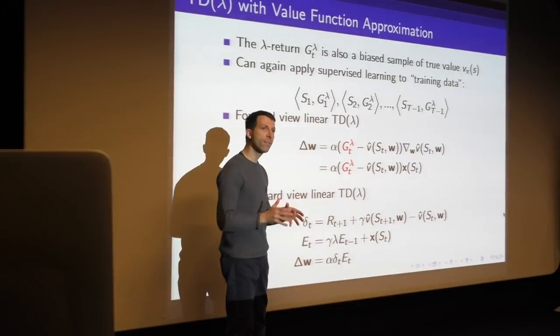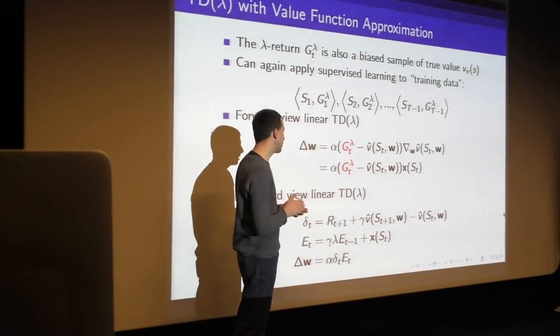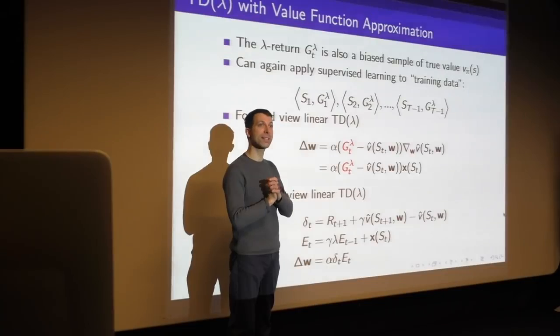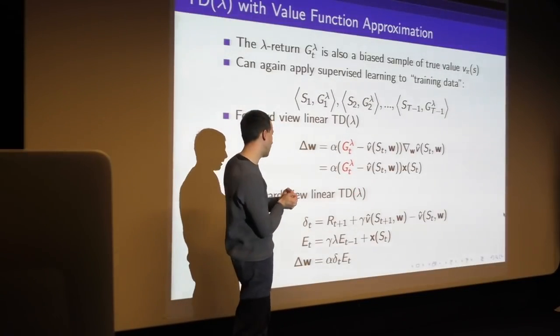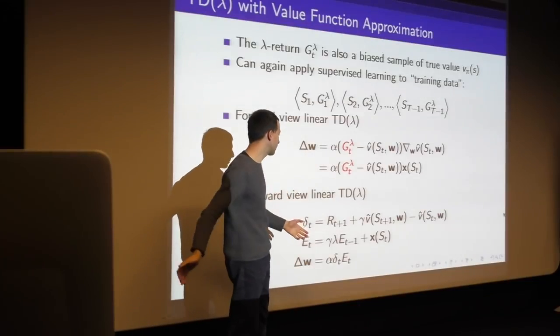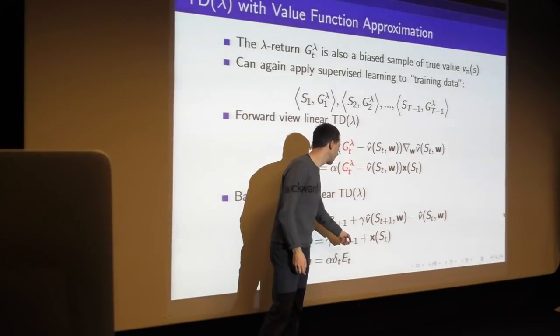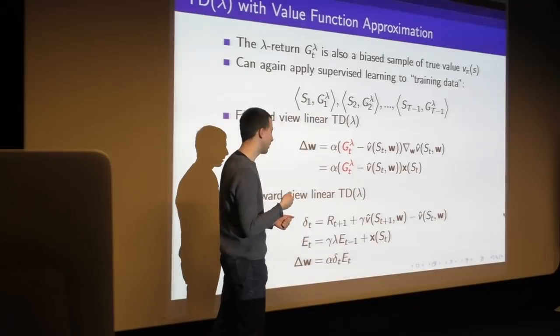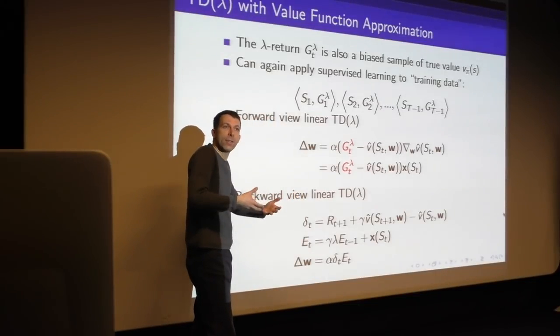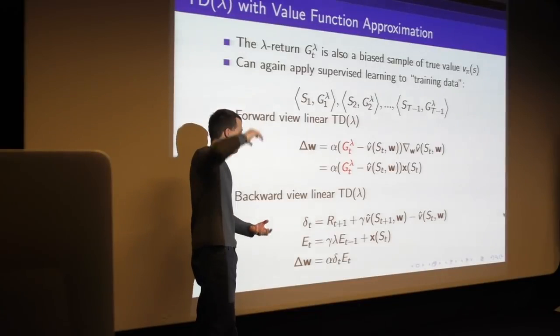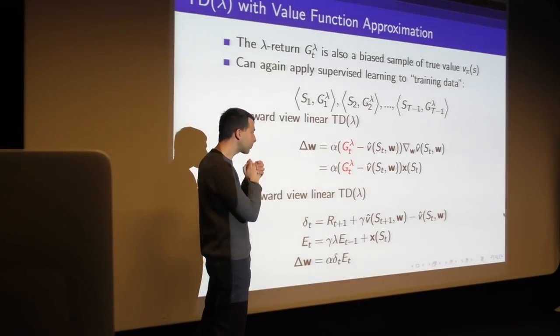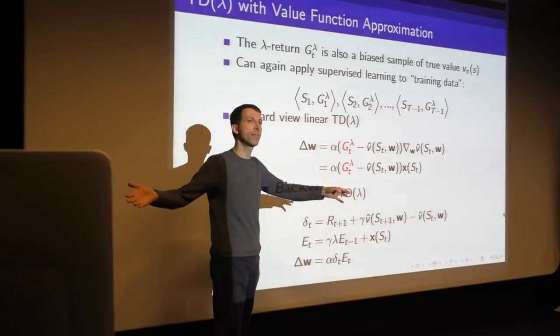So briefly, what do the eligibility traces look like? I think someone asked in a previous class, what's the size of these eligibility traces? When you use function approximation, the eligibilities are now on the features, or on the weights of your parameter vector. They're the size of your parameters of your function approximator. They're not the size of the state space.